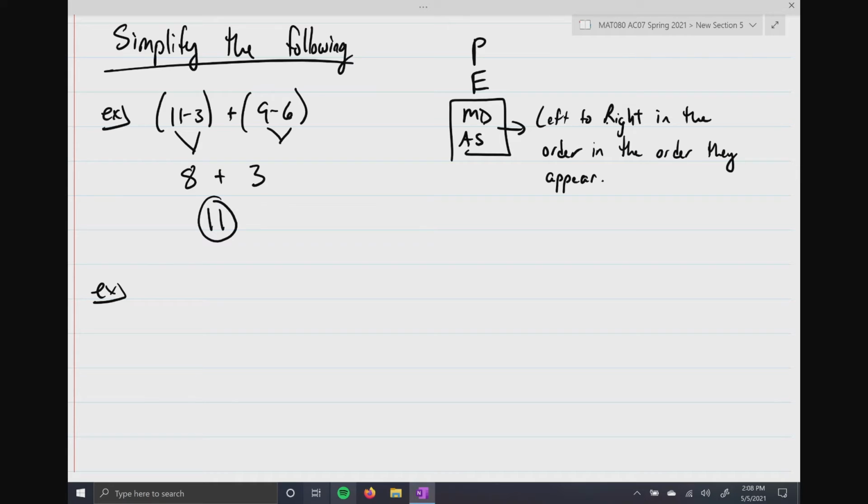All right, next problem. All right, so we have -7 times 12 divided by -6. What is the first thing that I need to do here?